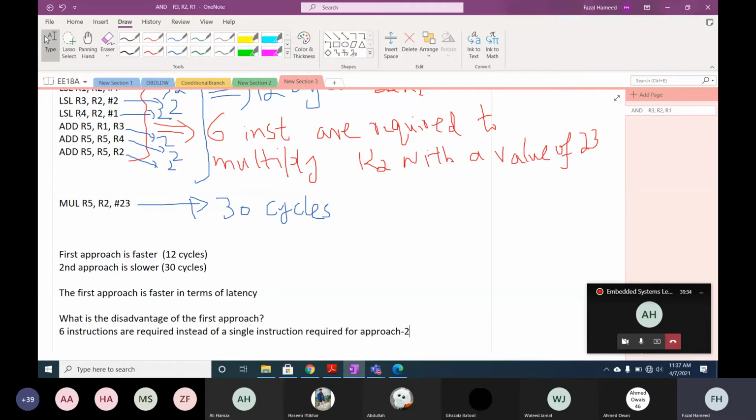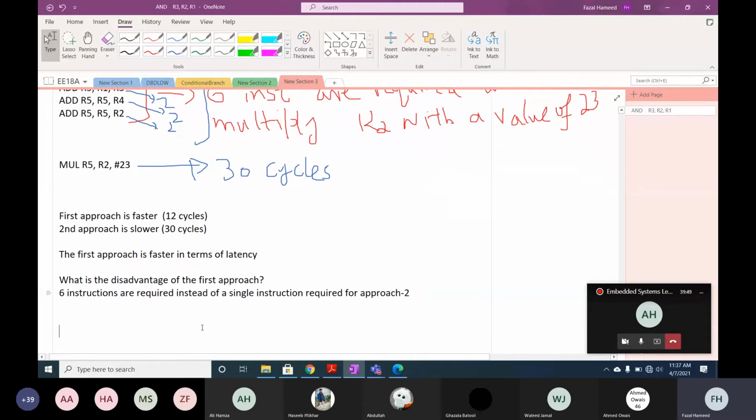So if 6 instructions are required to perform the same operation, while in the second approach we require a single instruction, which one will require more memory? Because instructions are stored in memory. Am I right or not?